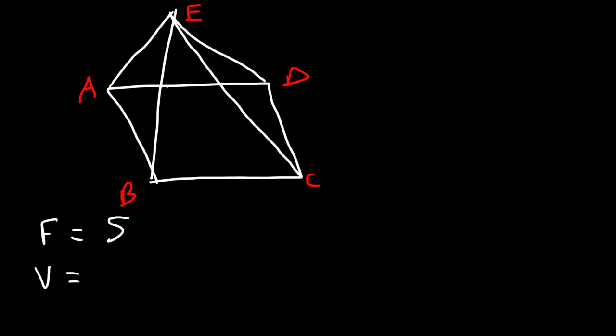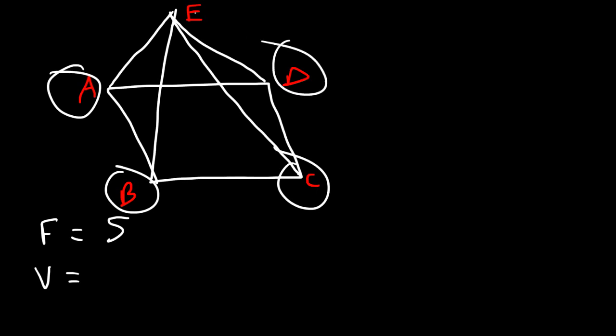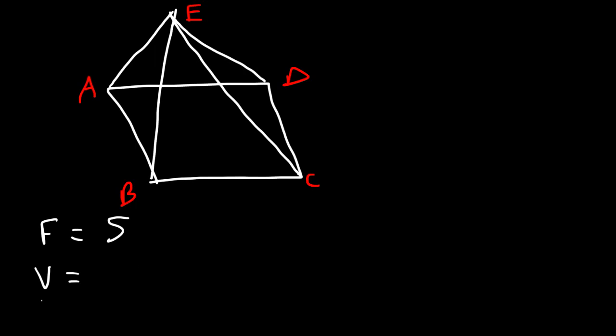Now the number of vertices are the letters A, B, C, D, E. So there's 5 vertices. Now how many edges are there? So we have edge AB, that's 1. AE, that's another one. BE, that's number 3.